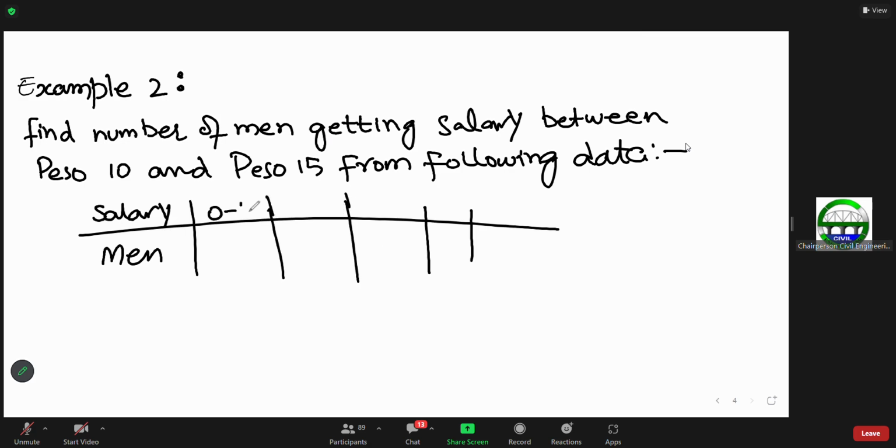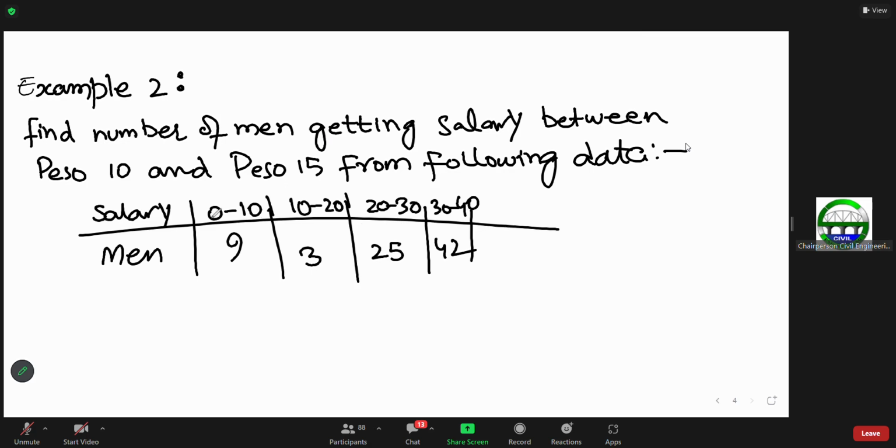So 0 to 10, 9 people, 10 to 20, 3 people, 20 to 30, 25 people, and finally 30 to 40, 42 people, right?